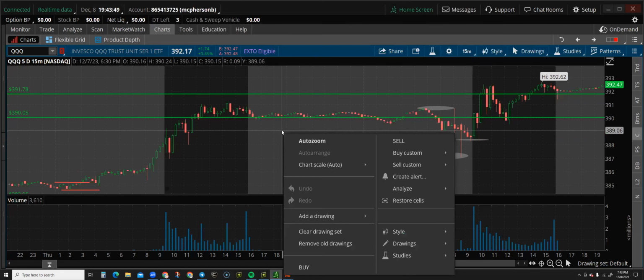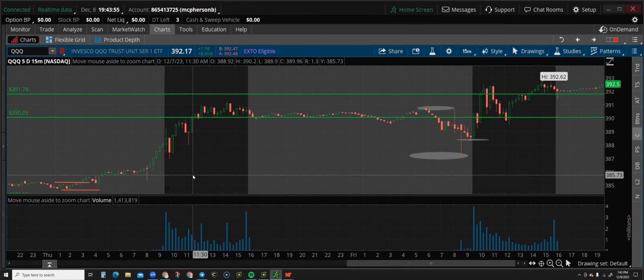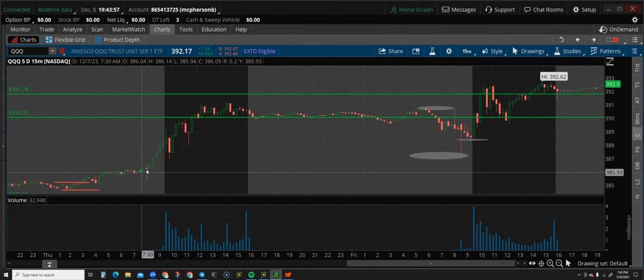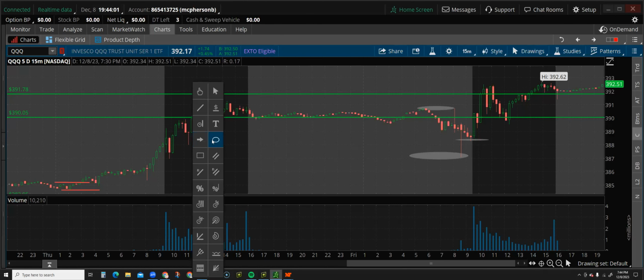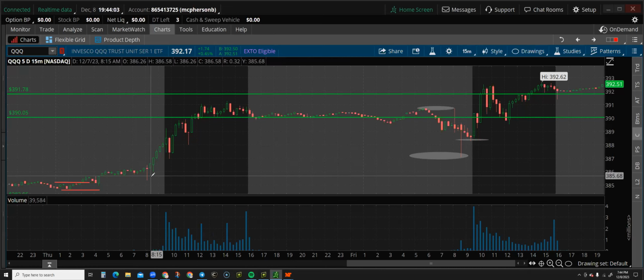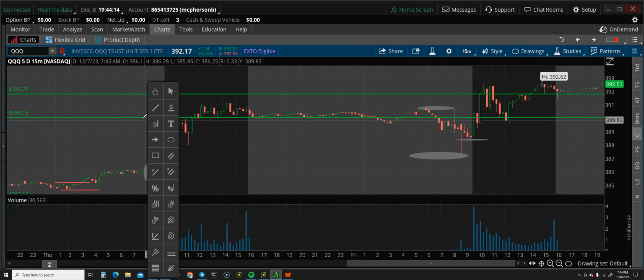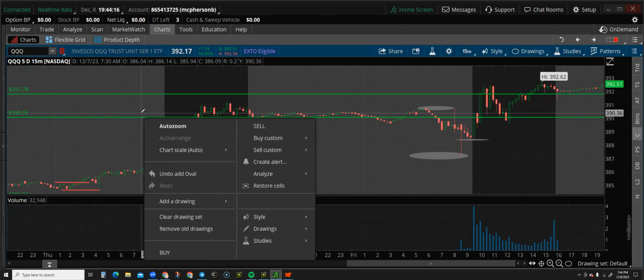All right, I'm going to give you my definition. Anytime a market moves away from an area, that last bar before it moved away, this bar right here, is where the buyers stepped into the market.